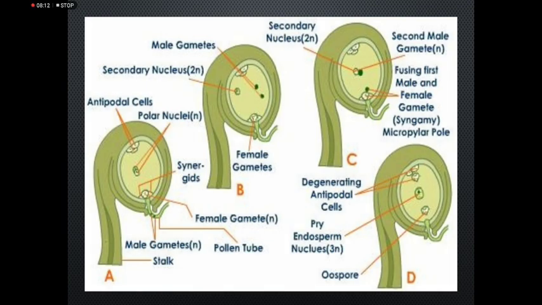Then in figure A, the two male gametes are now reaching the embryo sac.